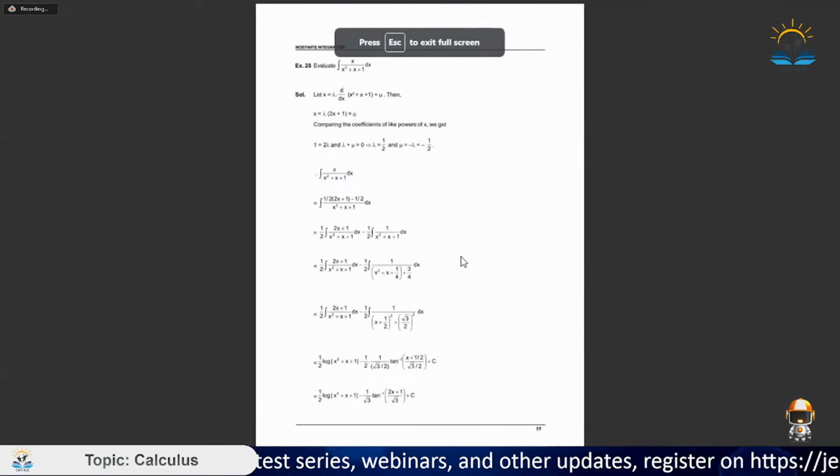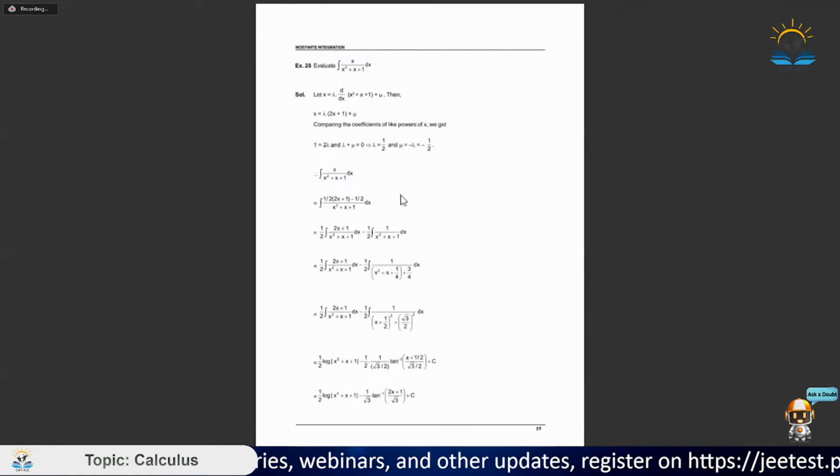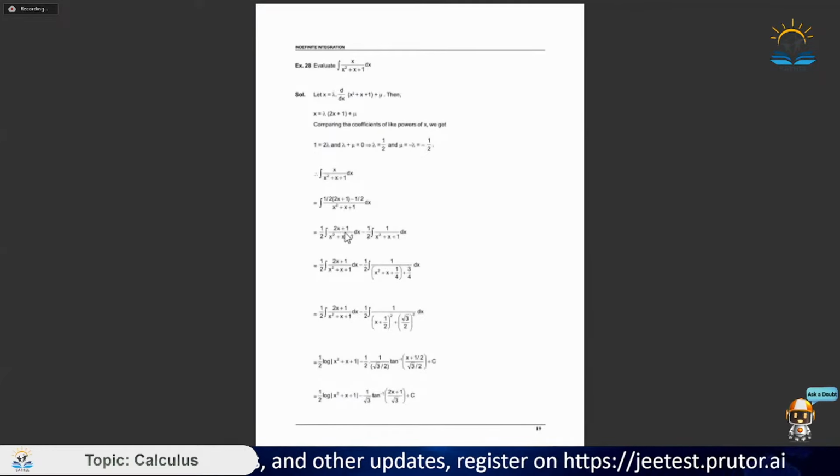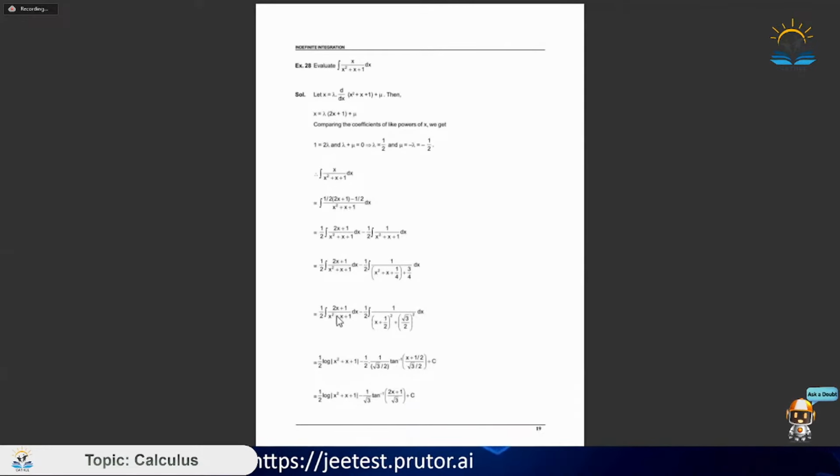We have seen this example. We will get these two summations, and after getting these two summations we will have this form, which is f dash x upon f x dx. This is the second form, if you remember, that we have learned in the forms.